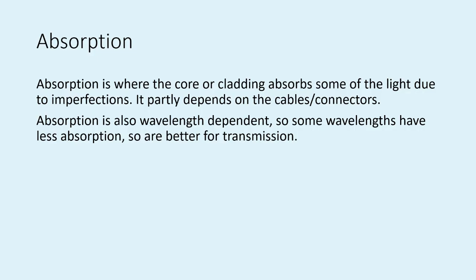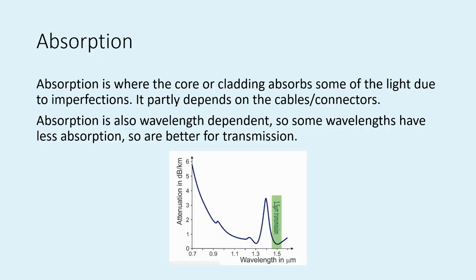It also depends on wavelength, because if you know about the photoelectric effect, then you'll know that different energy levels within particles and atoms mean different energies can be absorbed more effectively by other things. So you end up with graphs that look something like this, where the attenuation is being measured in decibels per kilometre. If we compare that to the wavelength, you can see that there are some values that are better for sending down because they have lower amounts of attenuation or absorption.